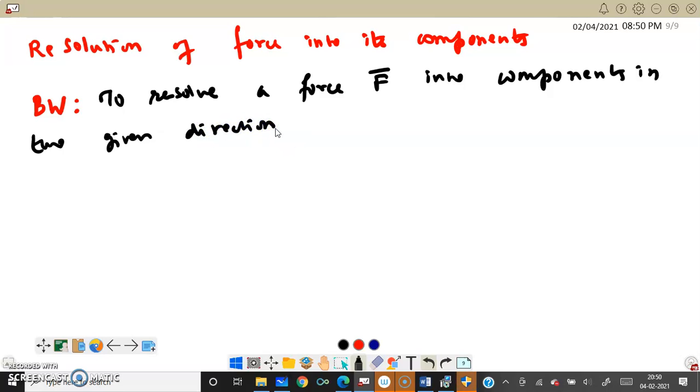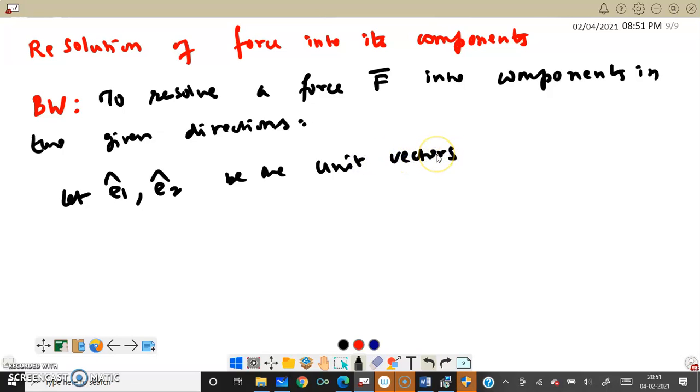The same way we saw in velocity, let E1 and E2 be the unit vectors in the given directions.